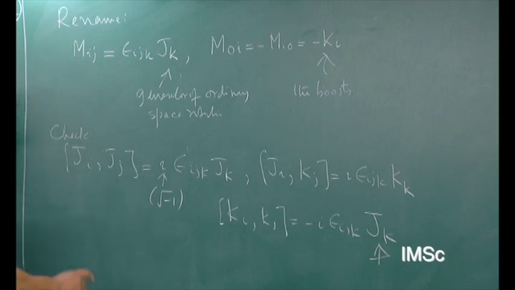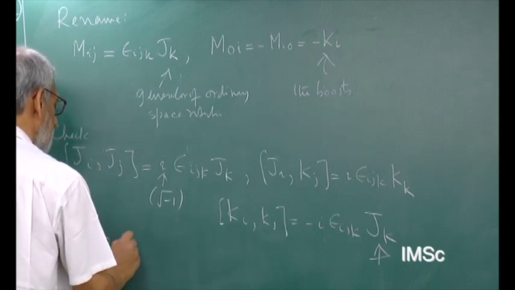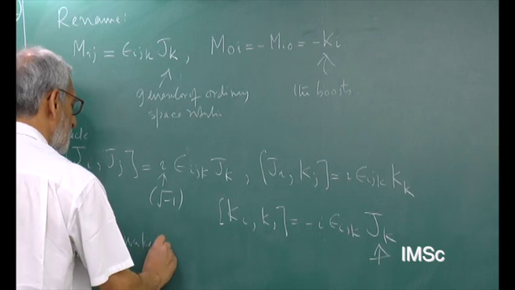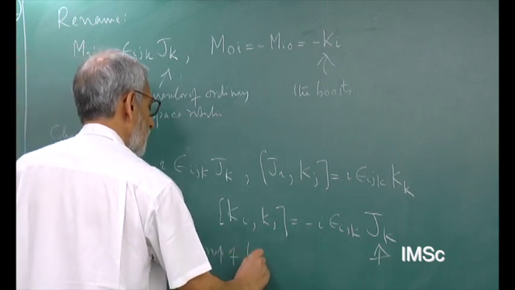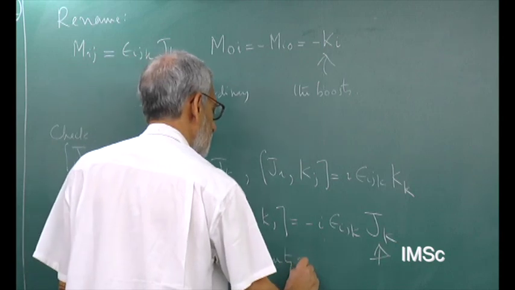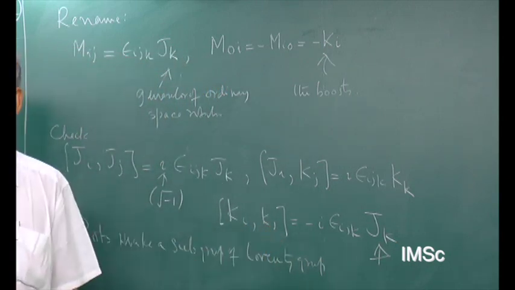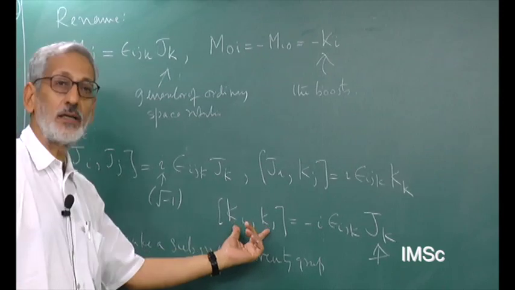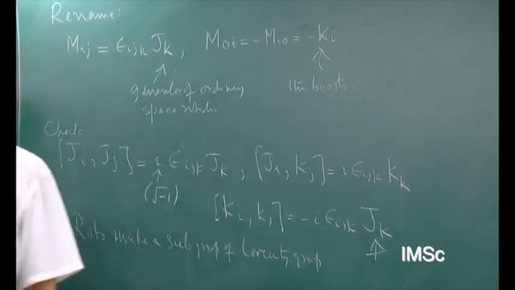So rotations make a subgroup of the Lorentz group. Ki's don't make a group, because the Ki, Kj commutator, this algebra does not close. It gives you a J.